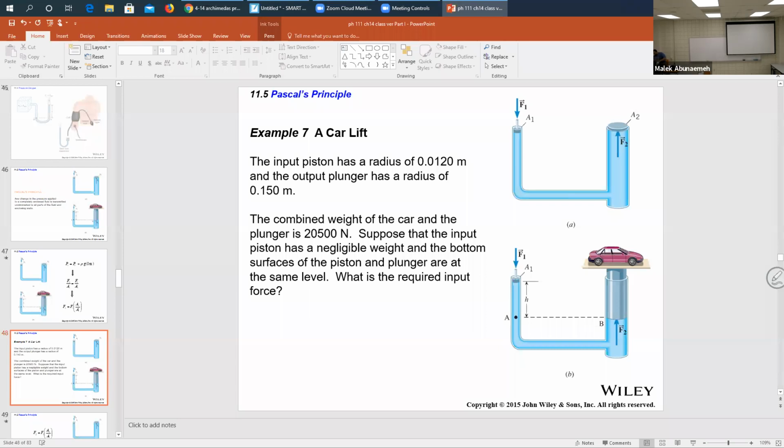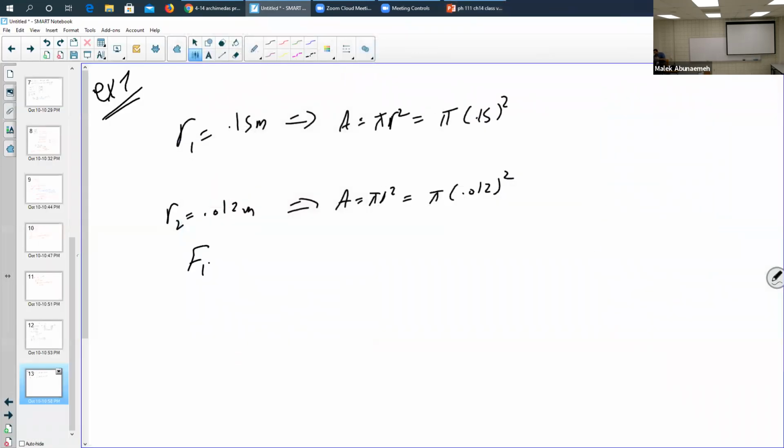And we also got the force F1, which is 20,500 newtons. So F1 is 20,500 newtons, and we want to find what the second force is. That's our double question mark. So your F2 is going to equal F1 multiplied by A2 over A1.